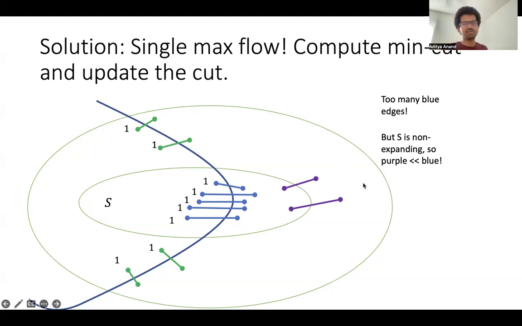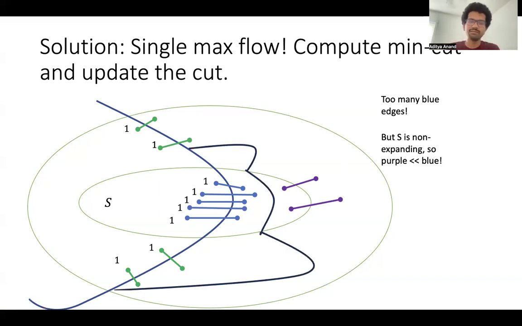So the flow cannot be feasible. The flow will get stuck basically. Now, whenever the flow gets stuck, we can compute a min cut corresponding to that flow problem. So we get a black cut. And then we choose this black cut to be the new blue cut.